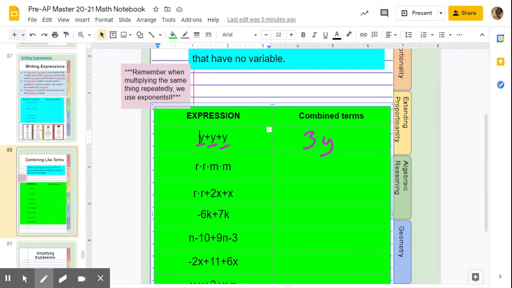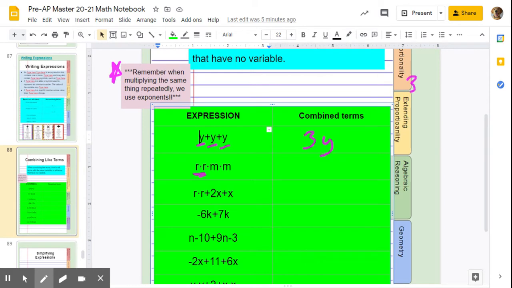Okay, the next one we have r times r times m times m. One thing we have to remember, and I wrote it up here, is when we're multiplying the same thing repeatedly, we have to use exponents. So here we have r and r being multiplied together. It's the same thing as saying 3 times 3.